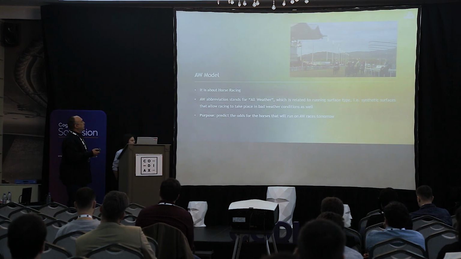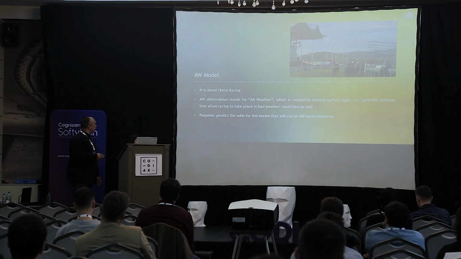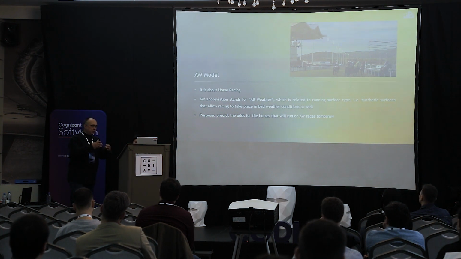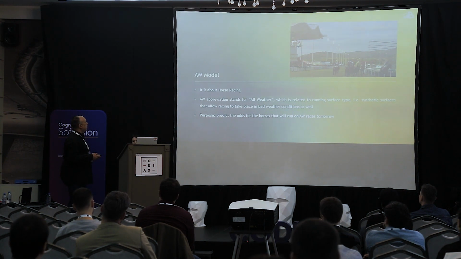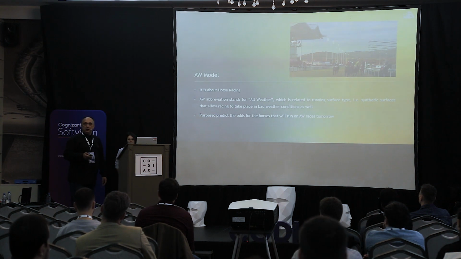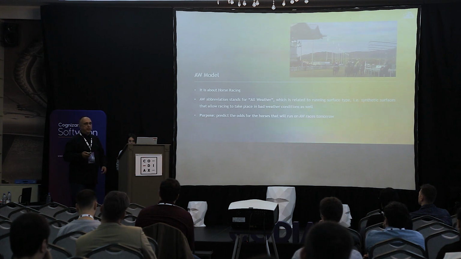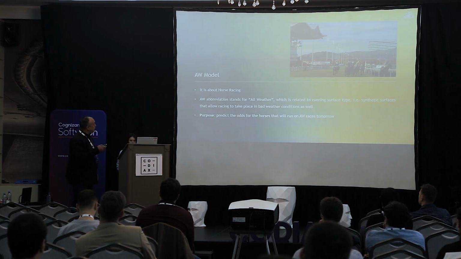What is the purpose of this modeling? The purpose of this modeling is to predict the odds for the horses that will run in the future, tomorrow. I don't know if you know about betting. I myself knew very little about betting. Now I know a lot from a theoretical point of view, only in theory.